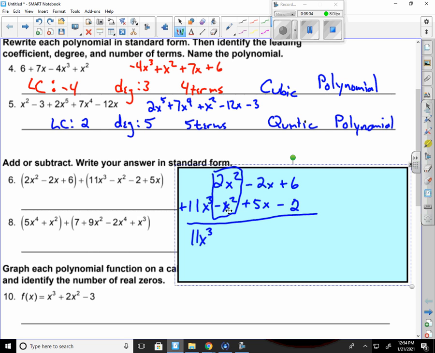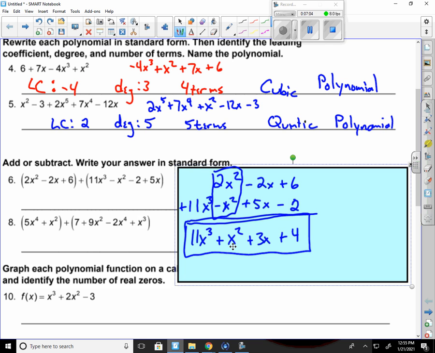They're both x to the second power. 2 minus 1 gives me 1, so this is just plus x squared. Negative 2x plus 5x is 3x, and positive 6 minus 2 is 4. Now, because I chose to write it in standard form from the beginning, it's already in standard form once I hit the end.